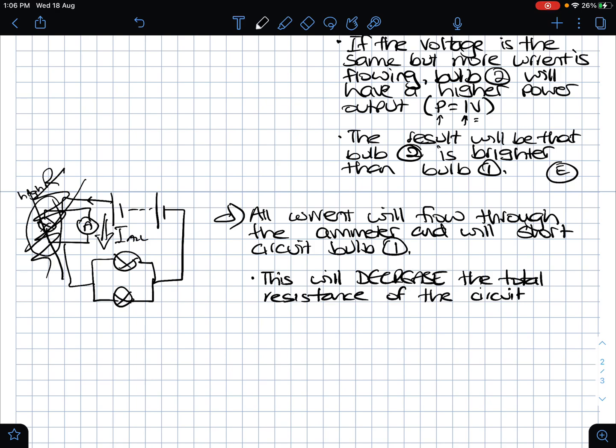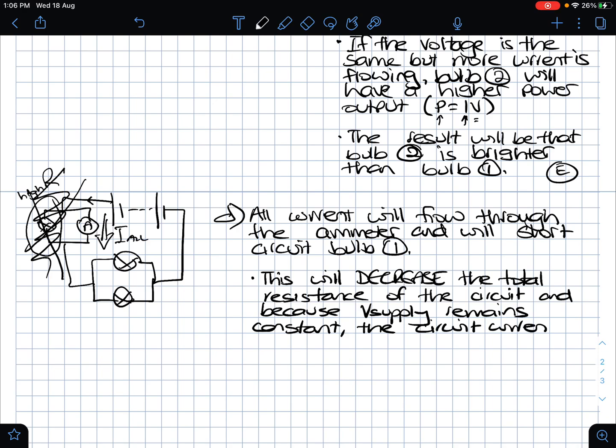Okay, and because the supply voltage is constant, the circuit current increases. And that's your V equals IR. Voltage is the same, resistance goes down, so current goes up.